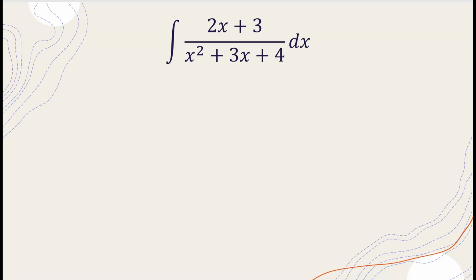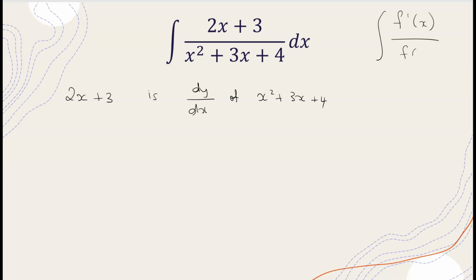Okay, let's have a look at an example where we can and it works. What we've got here is 2x plus 3, and if we look at it carefully we can see that it's the derivative of x squared plus 3x plus 4. So we have that pattern, where we have the derivative over the function.